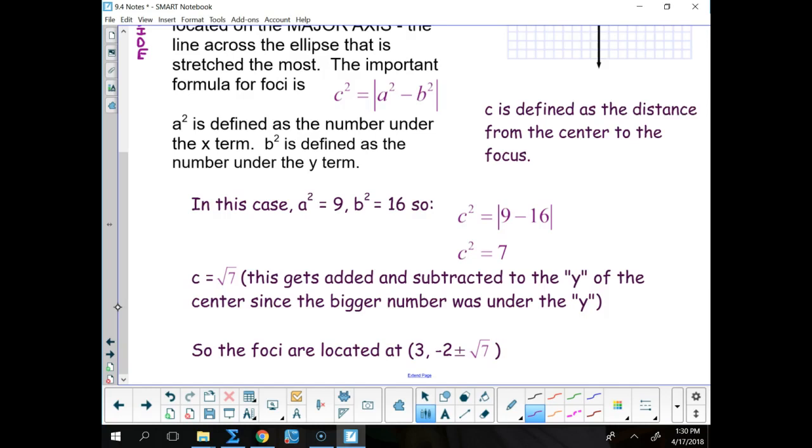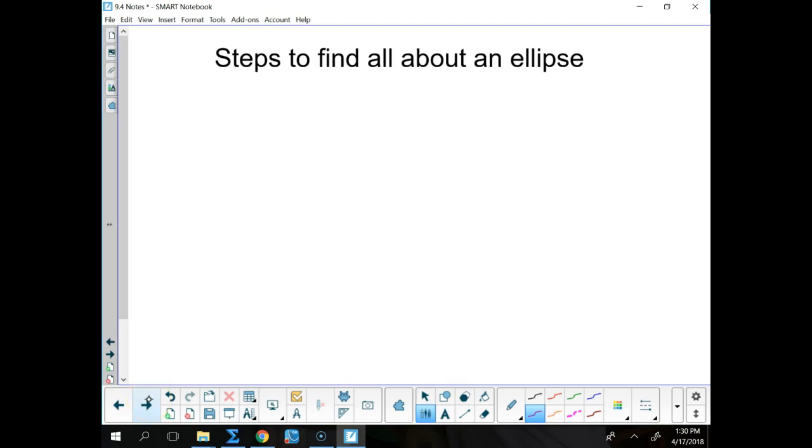Okay? So, to recap, the first thing we find is the center. Okay? And that's h comma k, like we've been doing for a couple weeks now.